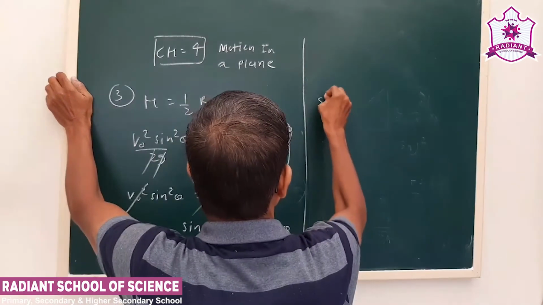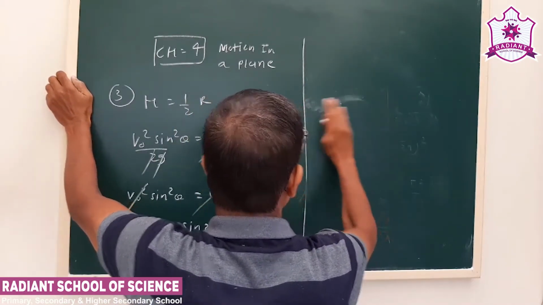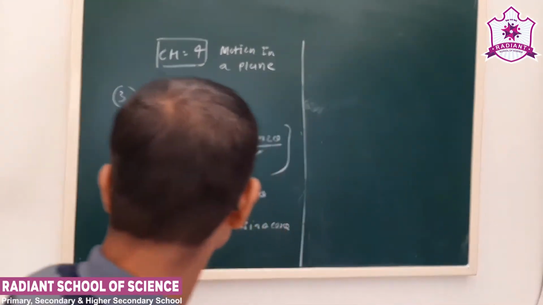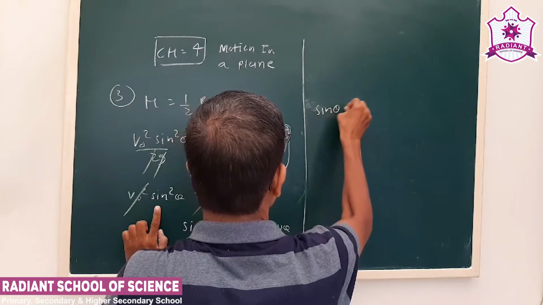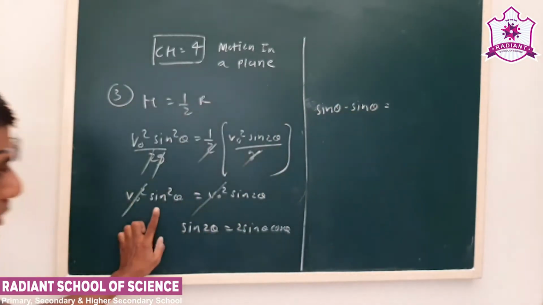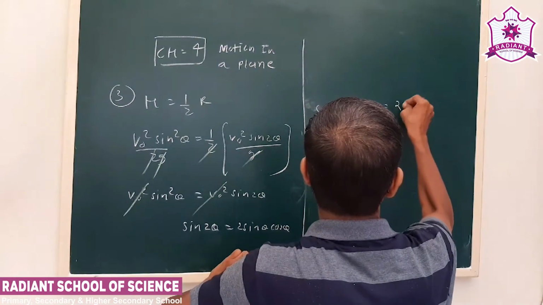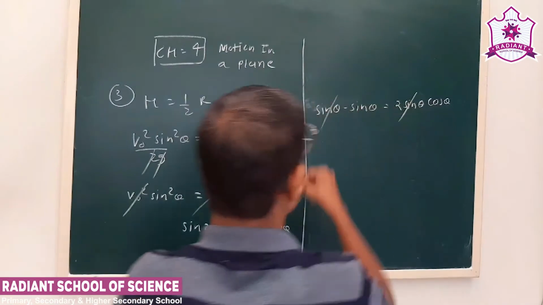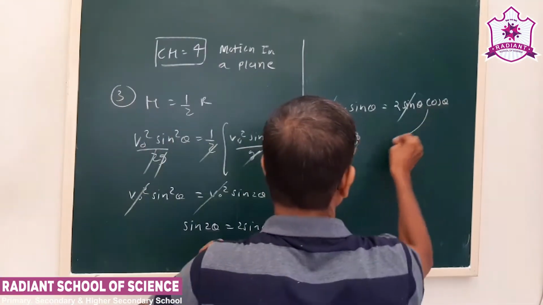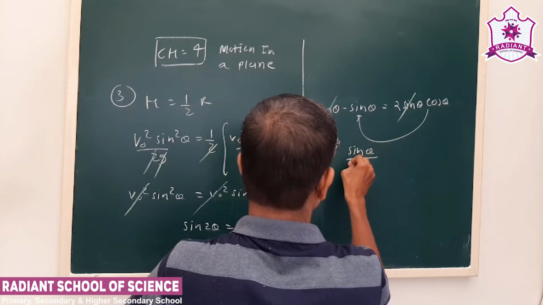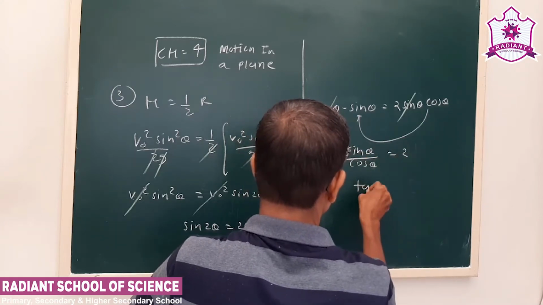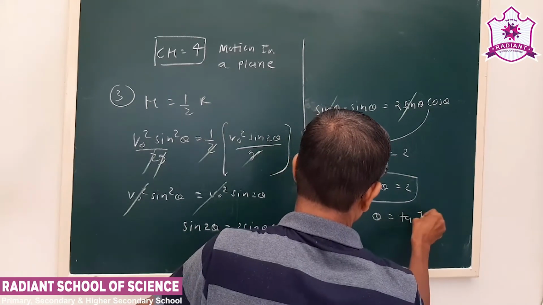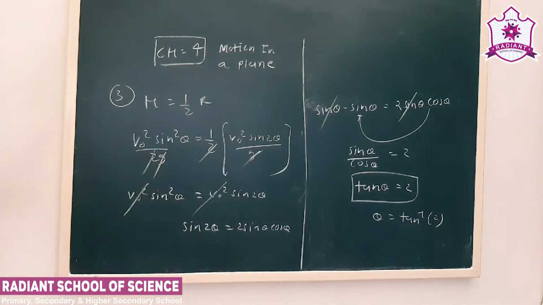Sine square theta on the left hand side we can write as sine theta into sine theta, that is in terms of a product. Sine 2 theta is 2 sine theta cos theta. So one of the sine theta will get cancelled. Now this cos goes in the denominator, so theta is tan inverse. This is how we can solve.